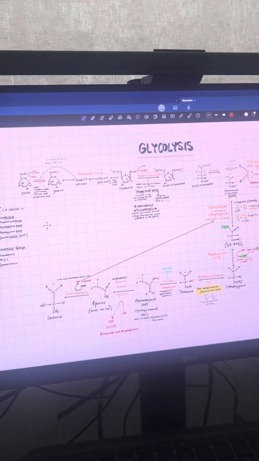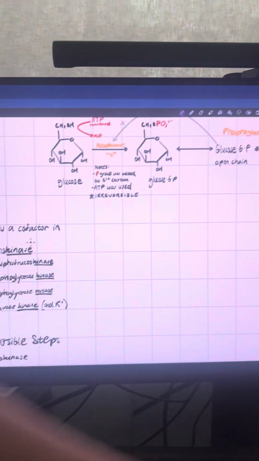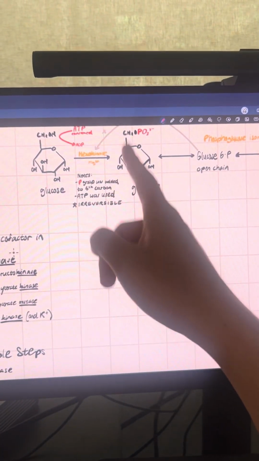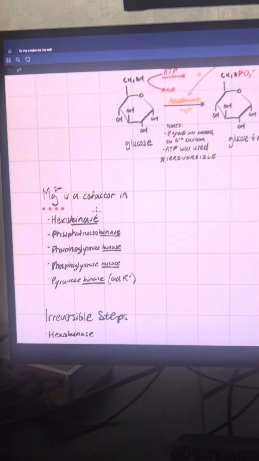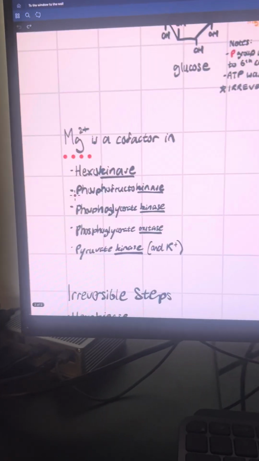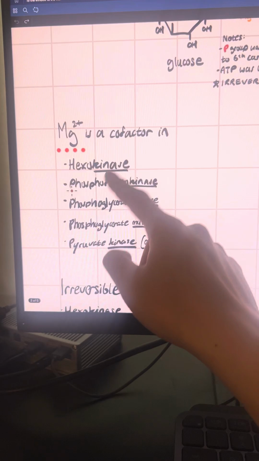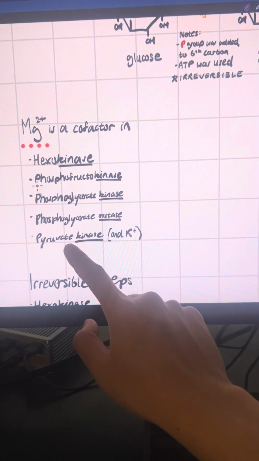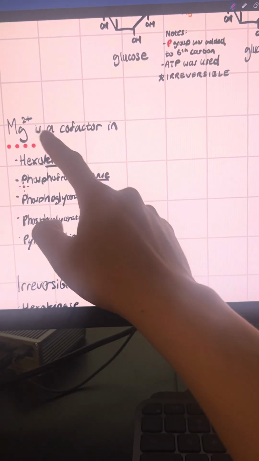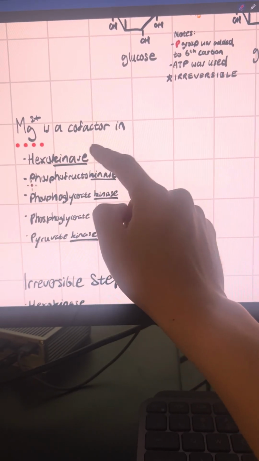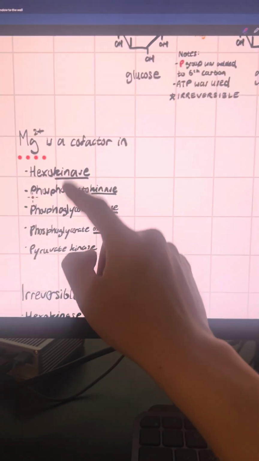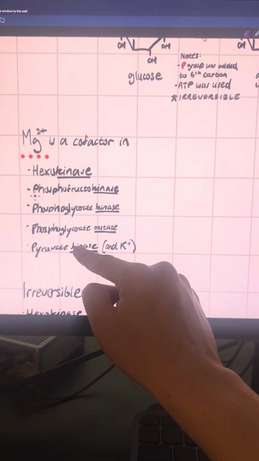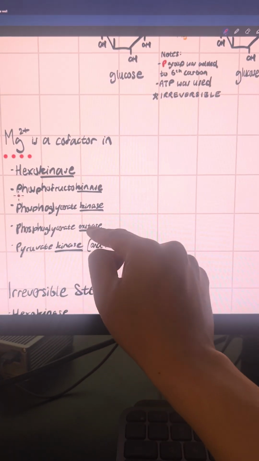Just a quick review. It might be hard to remember every step and where Mg2+ is a cofactor, so I made a list right here. Mg2+ is a cofactor in these 5 enzymes, in case he asks. But it's kind of easy. Mg2+ is a cofactor in all the enzymes with kinase in the name, and phosphoglycerate mutase.